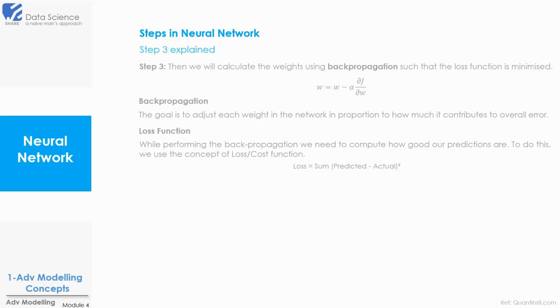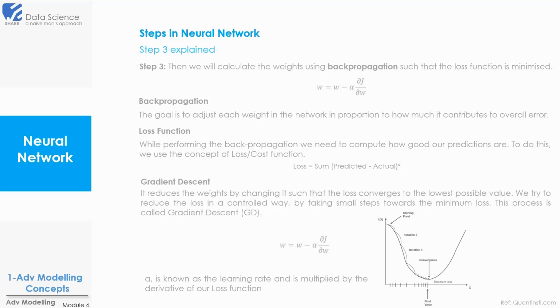To achieve this, we use the concept of loss function or cost function. Depending upon the problem, we select the loss function. One loss function is the MSE, the sum of squares of the differences between actual and the predicted value. Now the next question is, how do we reduce the loss function? Because our predictions are only good if we have the optimized loss function.